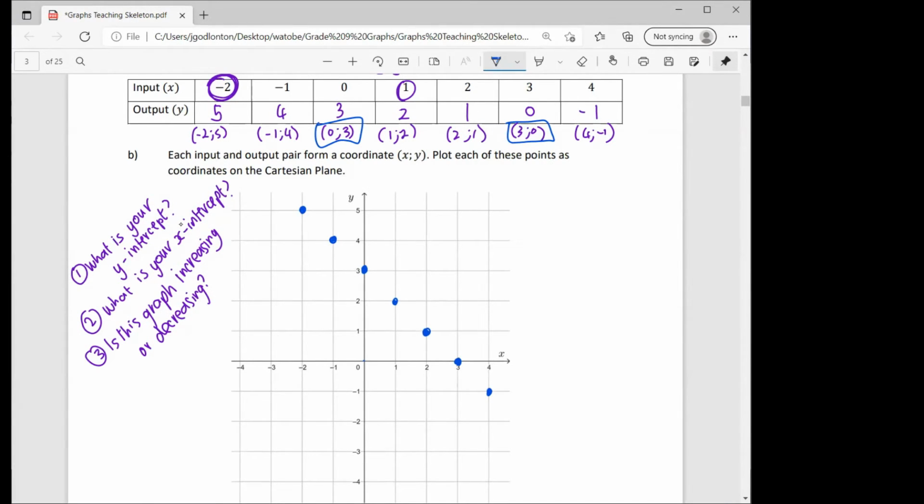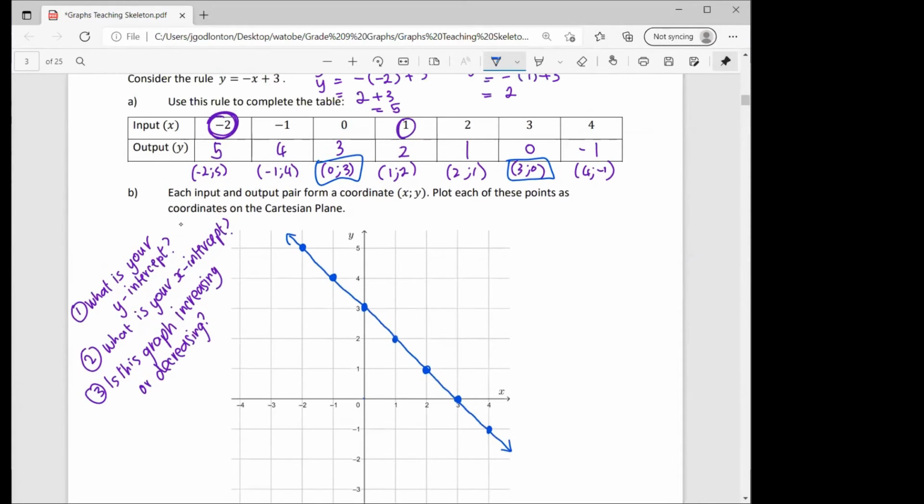So don't panic. But if you had to do it in a test, you would be given a grid. Okay, so we have a straight line, and we're going to give it its name, which was y equals -x plus 3. Remember to have the arrow at both sides, and you want to have a nice long line that goes through the whole Cartesian plane.